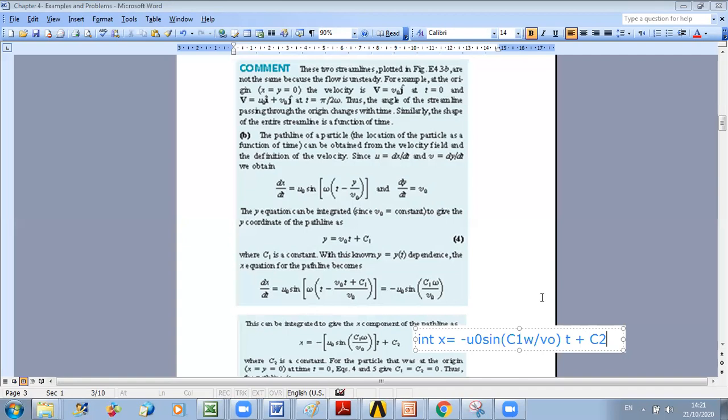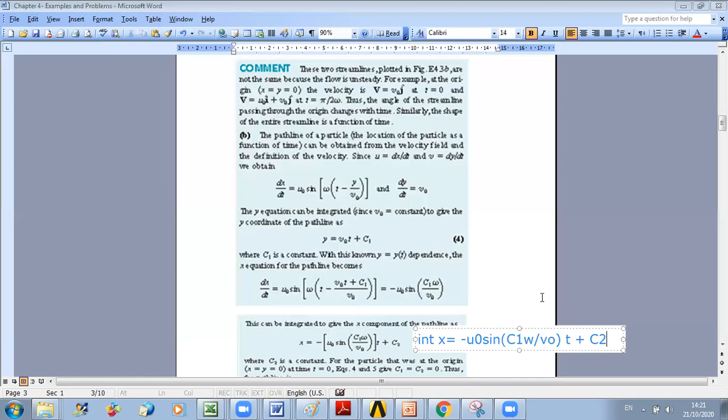Our purpose now is to find the path line that passes through the origin at t equals 0. So first, in order to find the path line, the strategy is to eliminate time between the two equations. If you want to find any path line for any position, the first step is to eliminate the time between the two.